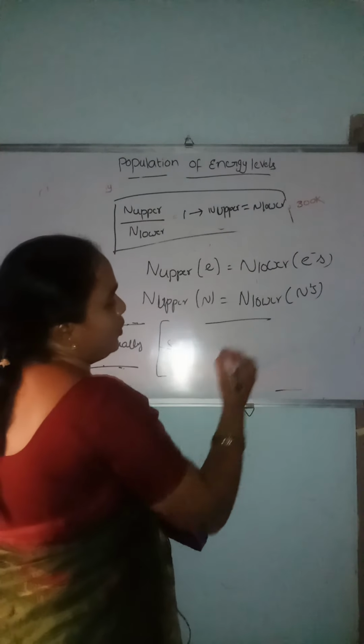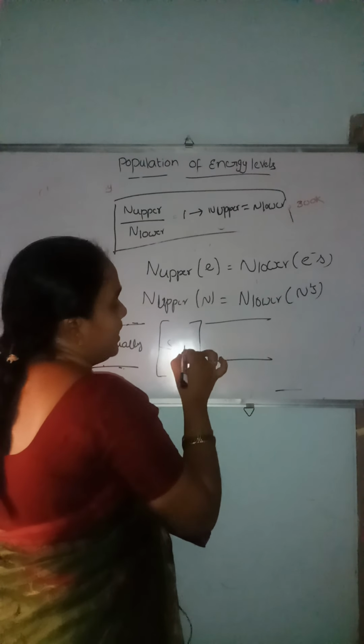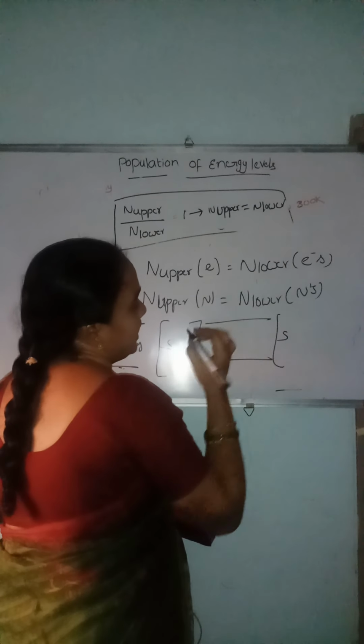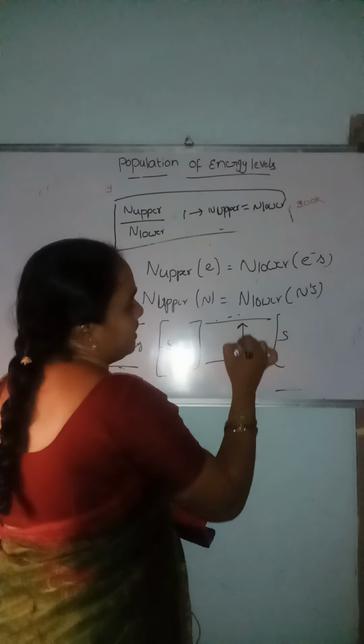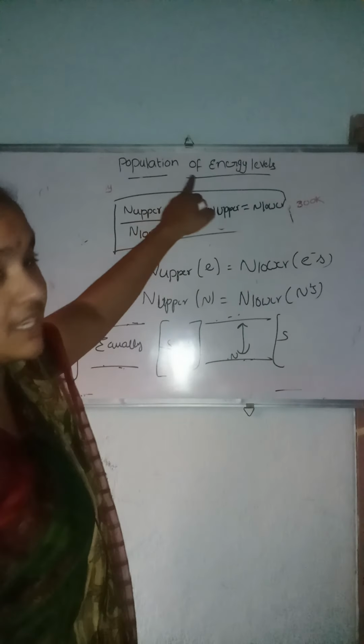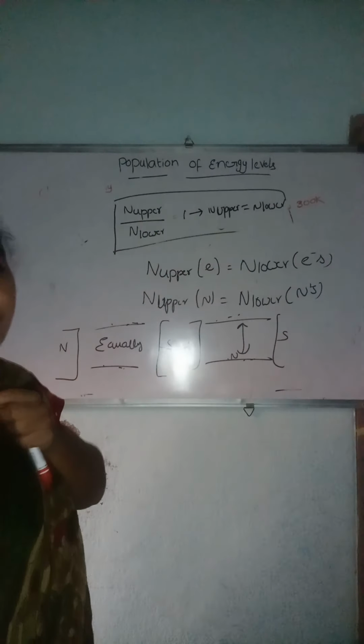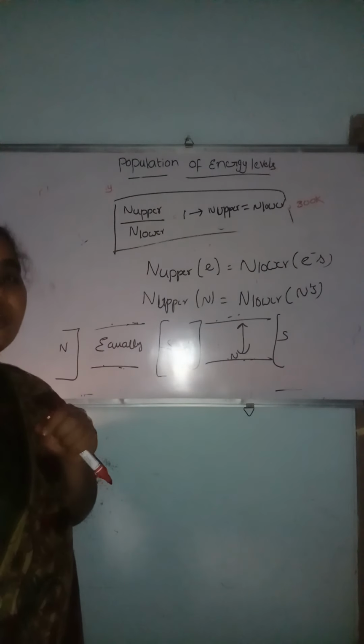Similarly, the nucleons will also be distributed equally in the presence of external magnetic field. So the population of energy levels is equal for both electrons and nucleons.